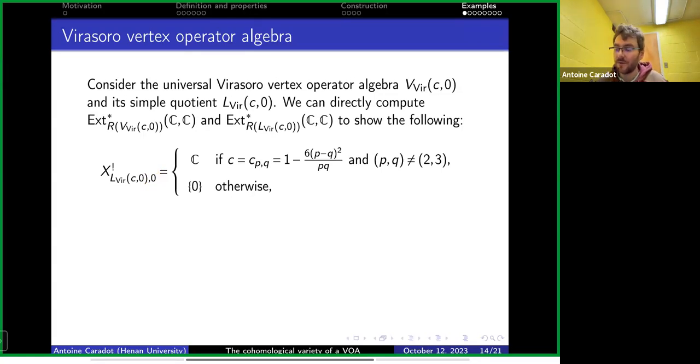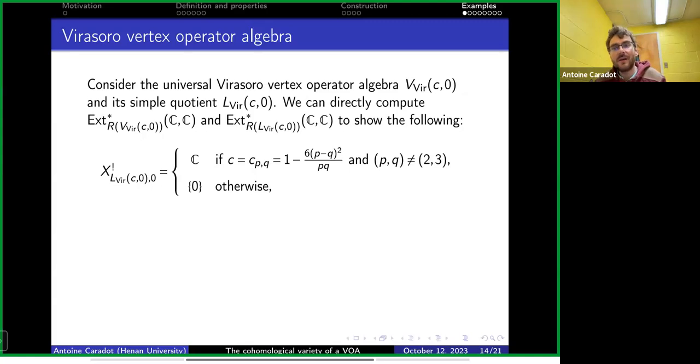So for this simple vertex algebra, we have two possibilities. Either c is of the form c_{p,q}, where (p,q) is not (2,3), in which case your cohomological variety is going to be just the complex line. Or you are not in this case, and then you just get 0.